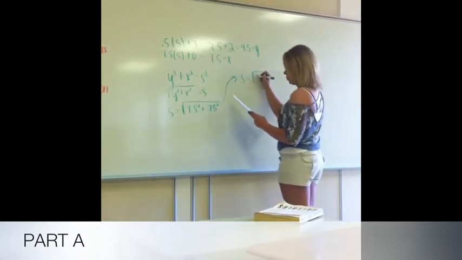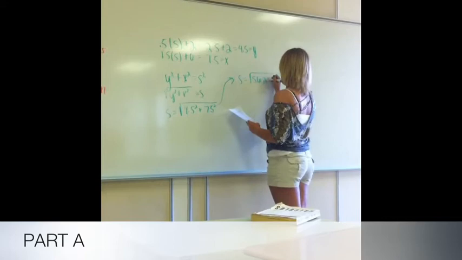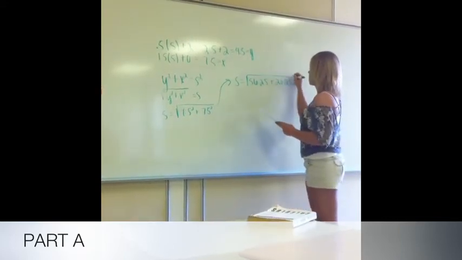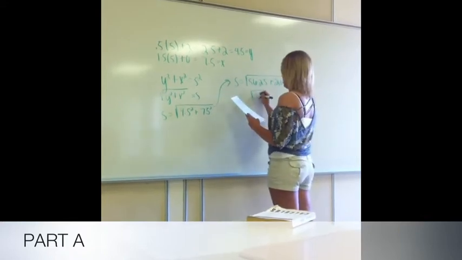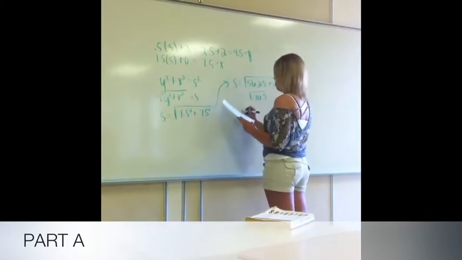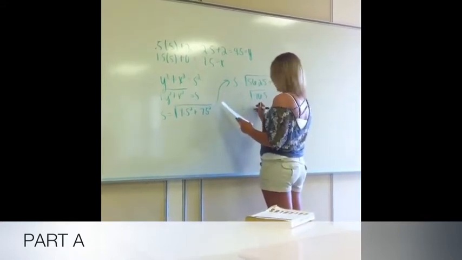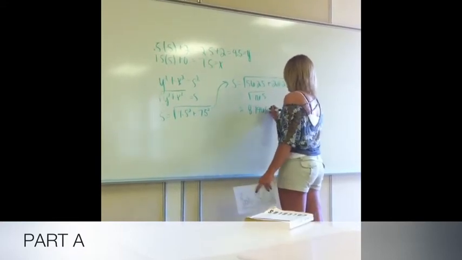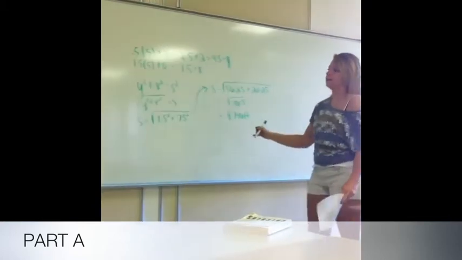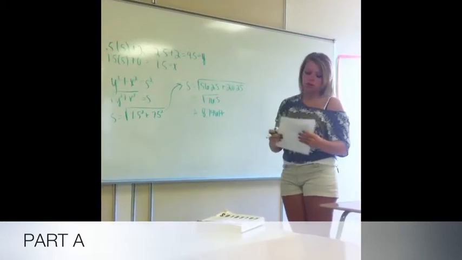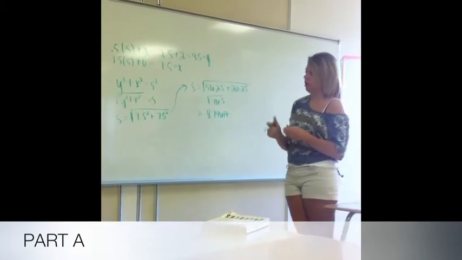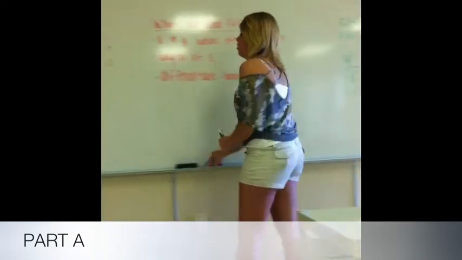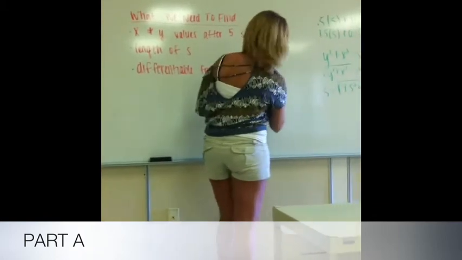So it's going to be equal to the square root of 20.25 plus 56.25, which is equal to the square root of 76.5, which is approximately 8.746 feet. So here's your value of s, and you can use this to find how fast the rate is going to change. So we'll just write these over here so we don't lose our values.